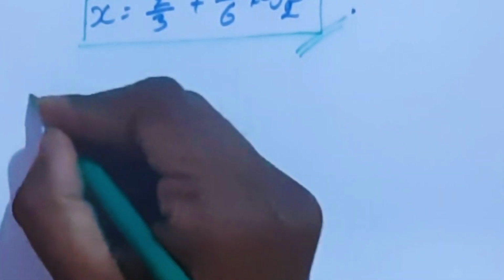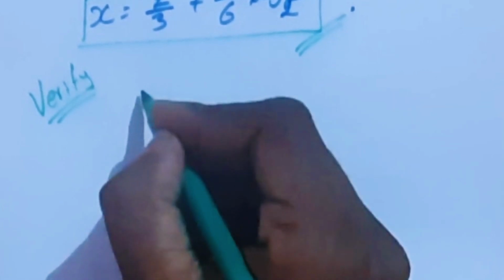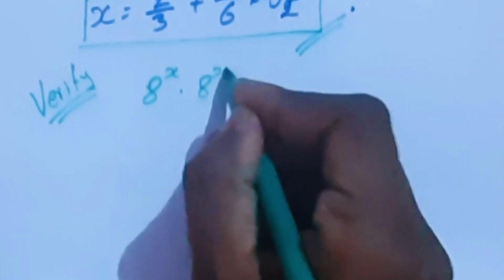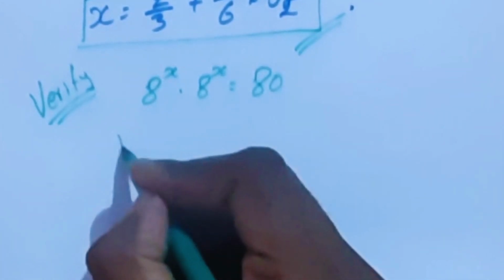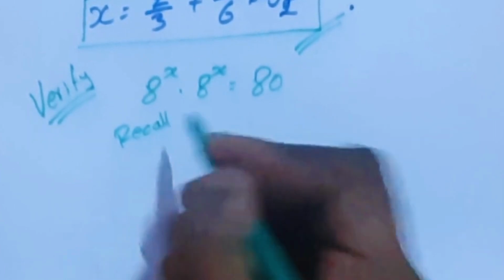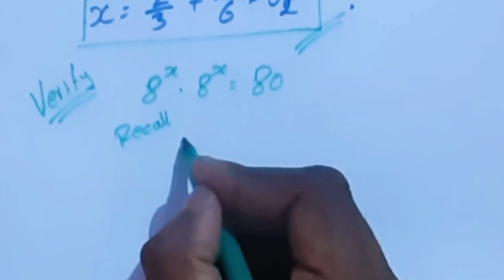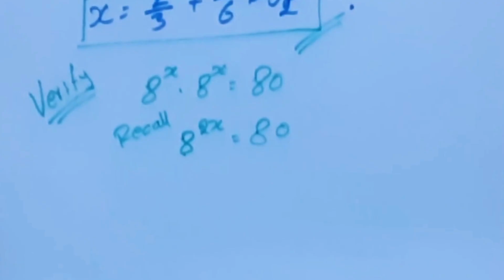Now we are going to verify this x value with the equation that 8 power x times 8 power x equal to 80. Recall this, which we simplified earlier. This can be written as 8 power 2x equal to 80.